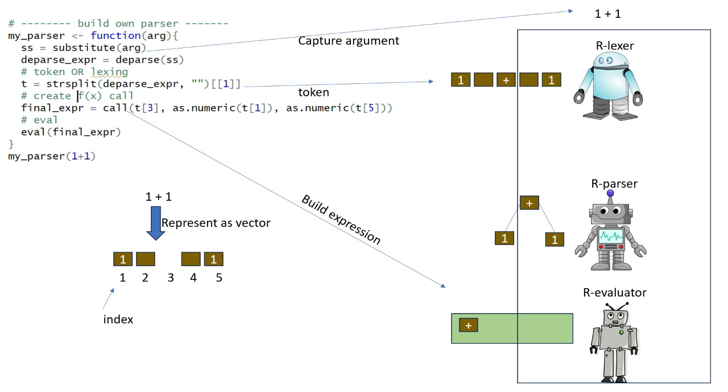So I am accessing the element which has index 1. So now it goes like that in the expression, and similarly as.numeric I am indexing 5 here. So this is my final expression. It is built, and now we are able to evaluate it.